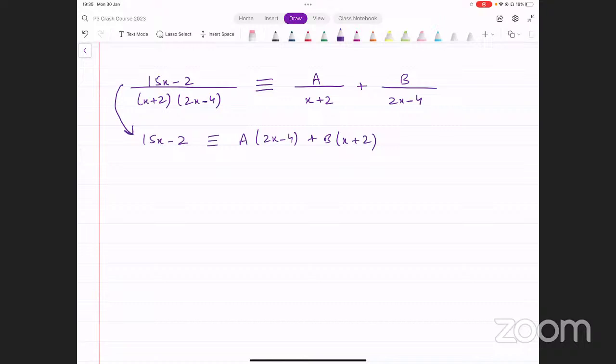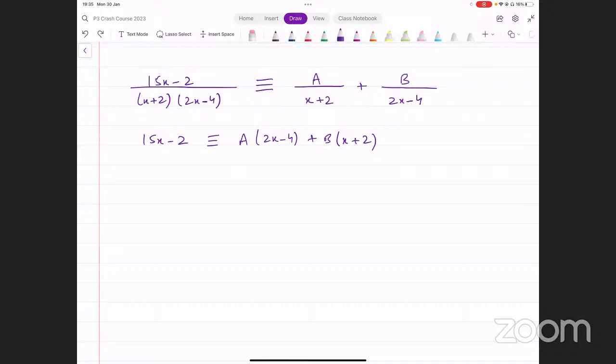All right. Now, once we're done with this, we need to find the values of A and B. This is something that you're always going to need to do. After this point, there are two methods for this. I will generally be using one particular method, but I'll tell you the other one right now as well, and then it's your choice.